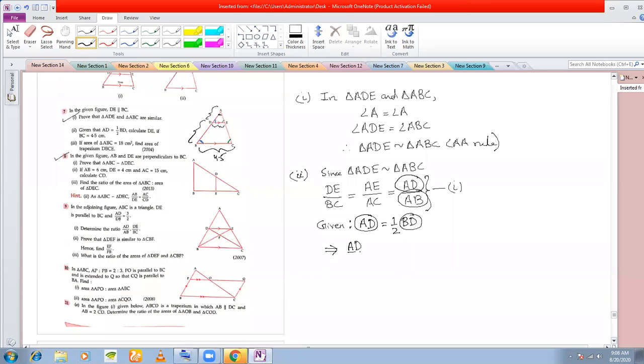AD by BD, you can write this as half. So let AD be K and say BD is 2K. So therefore, what is AB? AB is AD plus BD, which is K plus 2K, 3K.